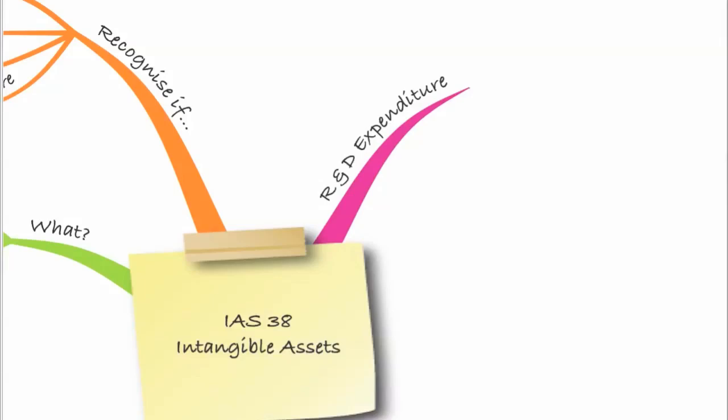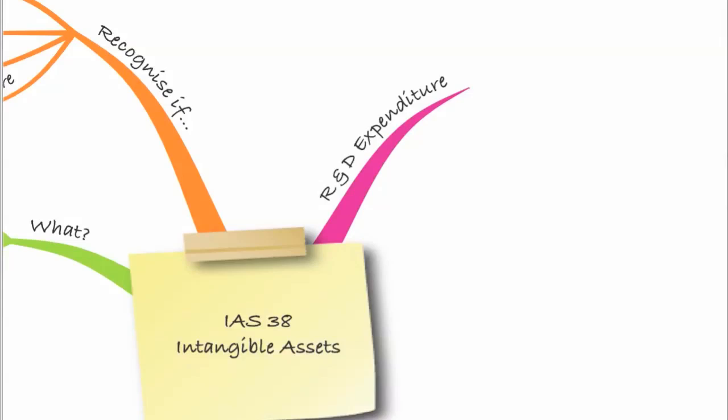Because if you think about it, the expenditure in order to create a product, so development of a product, is identifiable, it's controllable, and it's going to lead to future economic benefit as long as the product can be sold. And we can get a reliable measure of it because we know what we've spent. So can we capitalize that expenditure as an asset?